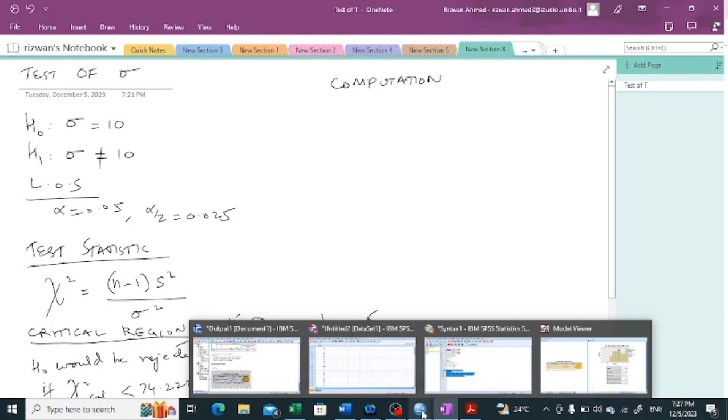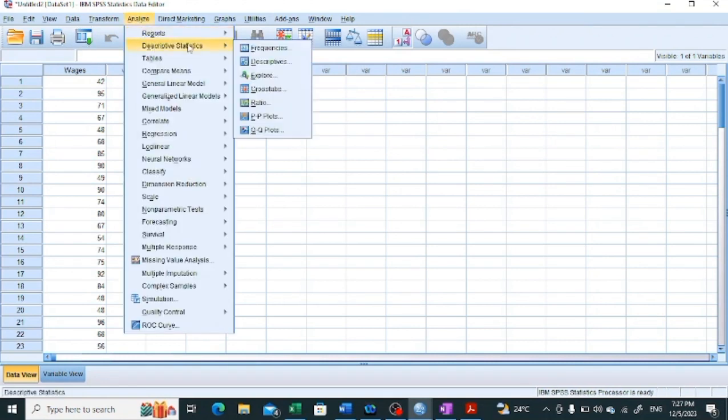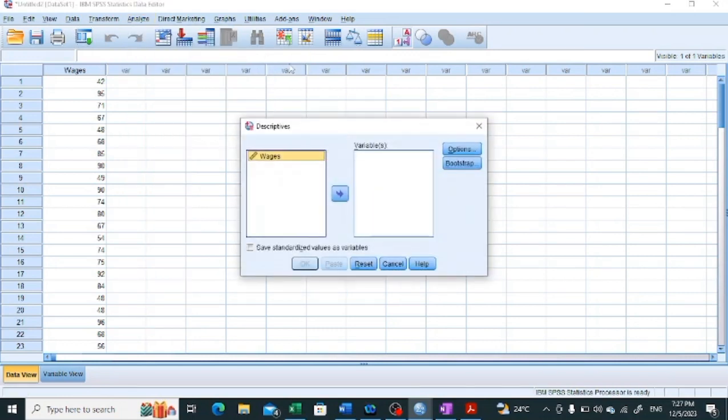Now, since we cannot perform the chi-square test for one population here in this case, it is better to go for descriptive statistics. From there we will get the value of standard deviation.